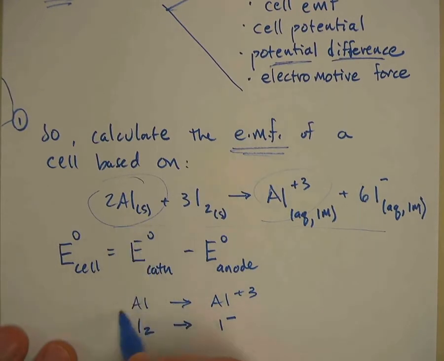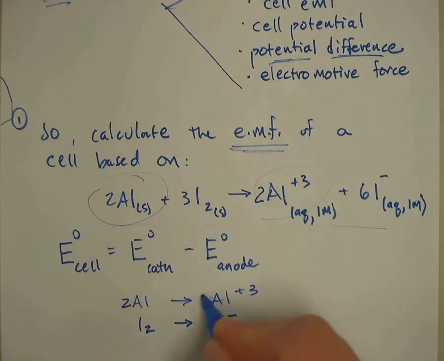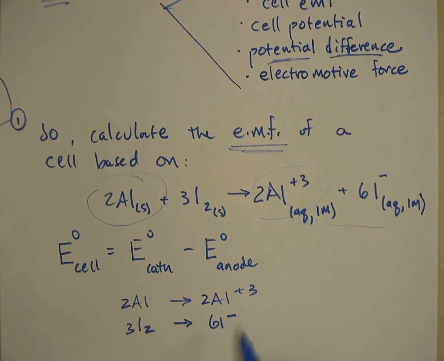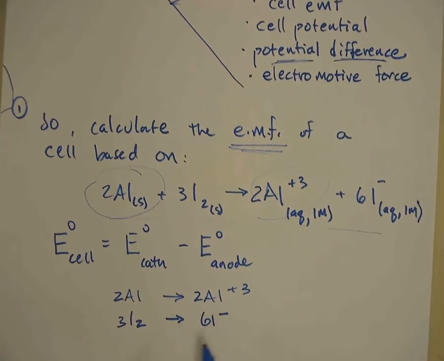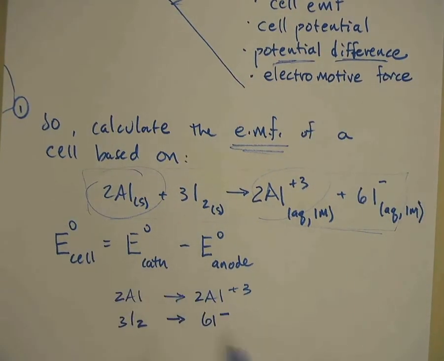I've got 2Al going to 2Al positive 3 right here, and then 3I2 goes to 6I minus. The half reactions happen to be balanced for mass already. And I could go through the steps of balancing them for charge, but since I was already given the balanced equation, I don't need to do that.